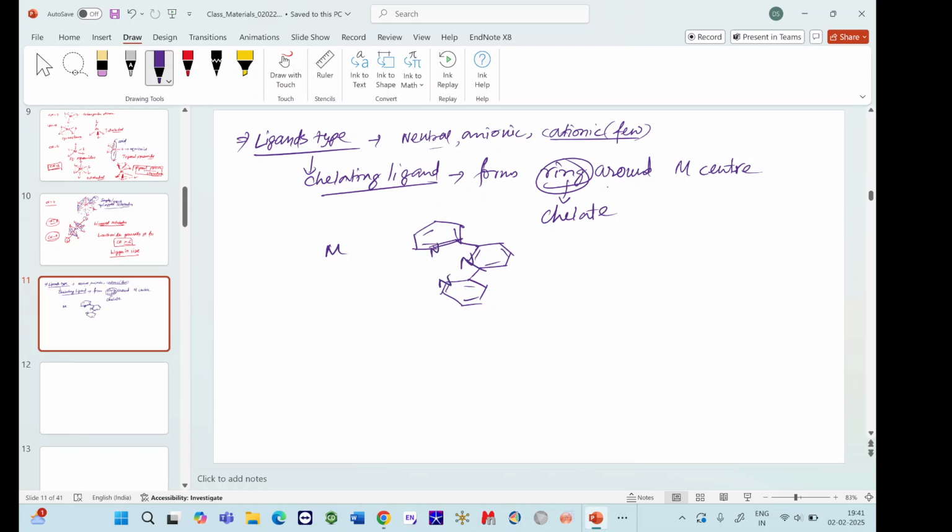This ligand is called terpyridine. It is an N3 donor because you have 3 nitrogens that can donate to the metal. So when it is bound to the metal, suppose you have an octahedral geometry, 3 will be like this.